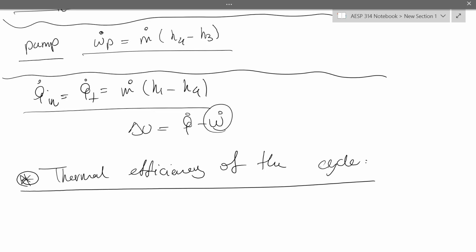Based on this idea, how can we define the thermal efficiency of the cycle? Think about it. We want to put in some heat to get some work out. Based on this idea, how can we define the thermal efficiency? Heat change.